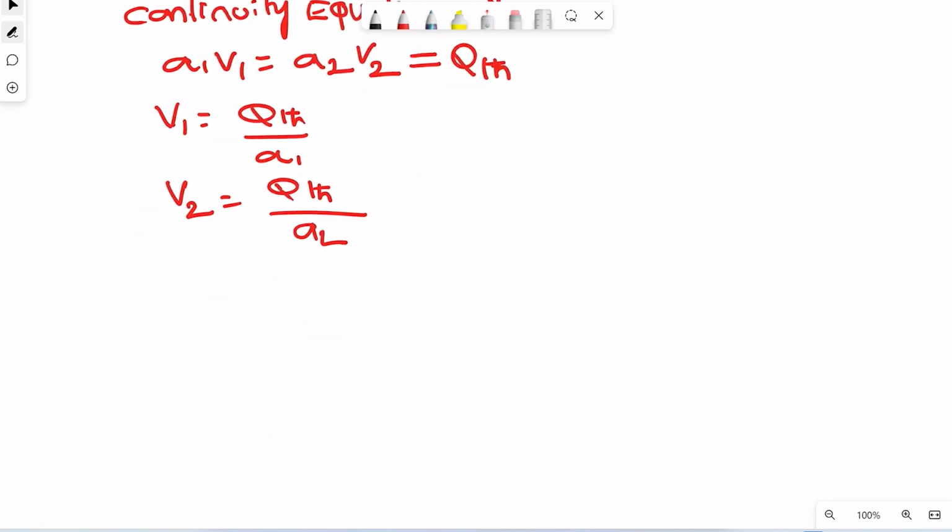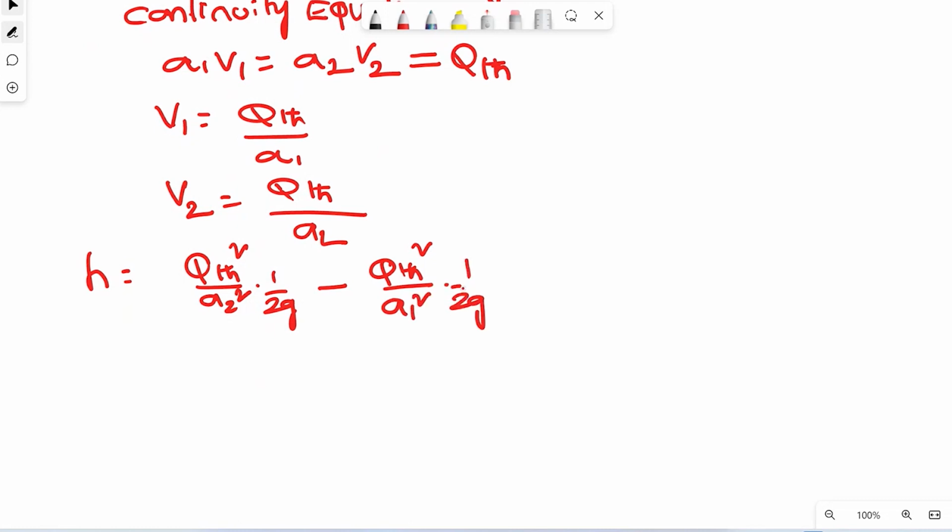So therefore H is equal to V2 squared, which is Q TH squared by A2 squared, into 1 by 2g, minus Q TH squared by A1 squared into 1 by 2g.